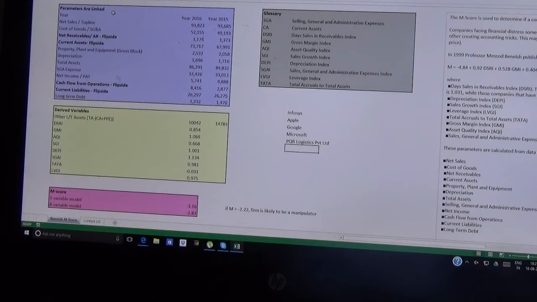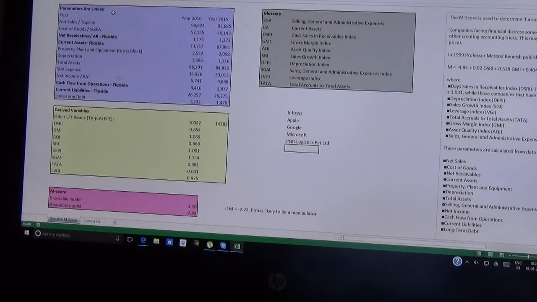If you look at the first 4 companies, they are doing business everywhere across the globe. Infosys is doing business everywhere, Apple, Google, Microsoft everywhere. In fact, if you look at Apple, Google and Microsoft, you will get to know they are doing business across the globe.